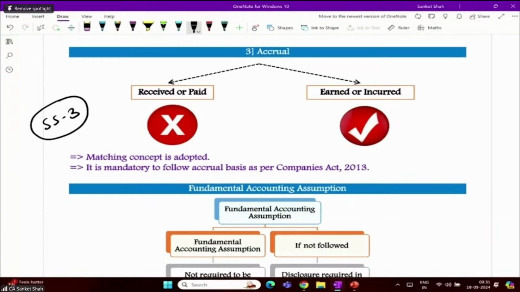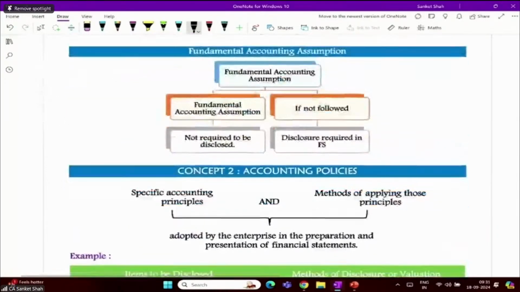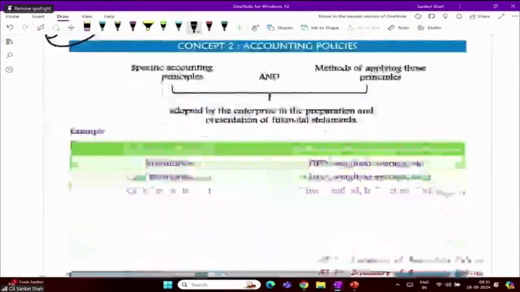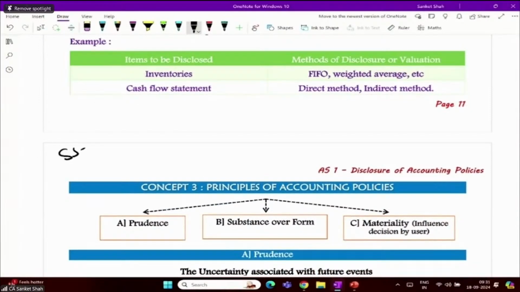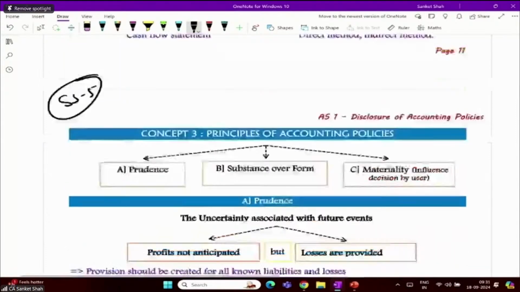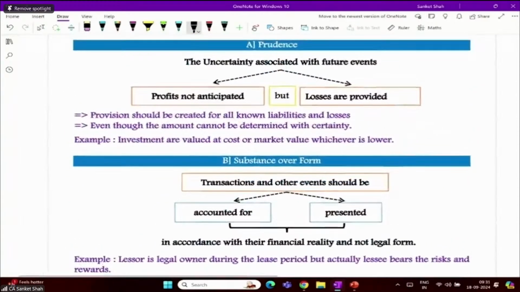Screenshot 3. Screenshot 4. Screenshot 5. And screenshot 6.